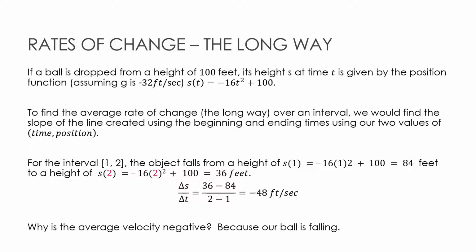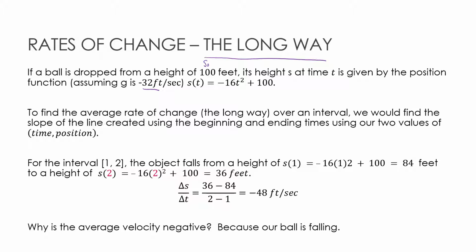Again, this is the long way, and then we'll talk about easier ways. If a ball is dropped from a height of 100 feet, to me that says that's my initial position, s sub 0. Its height s at time t is given by the position function.